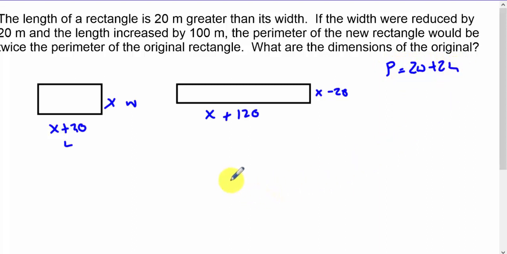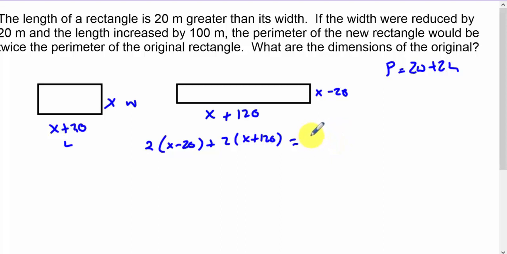So now it says the perimeter of the new rectangle, that's this guy, so it's 2 times x minus 20 plus 2 times x plus 120 is going to be equal to twice the perimeter of the original.